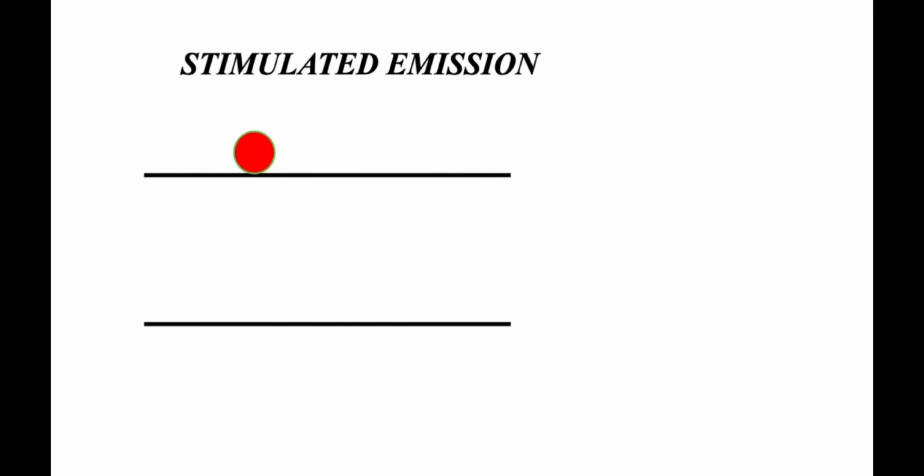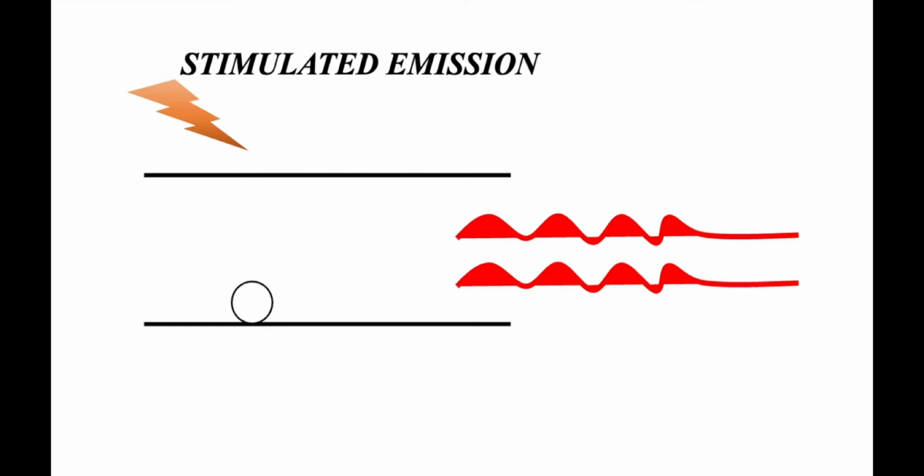Lastly, we'll see what happens in stimulated emission. In this process, the electron is already in the excited state. Now we need to stimulate it by sending in energy, and due to this stimulation, the electron comes back to the ground state energy level. While coming back, it loses its energy, and two light waves are produced.